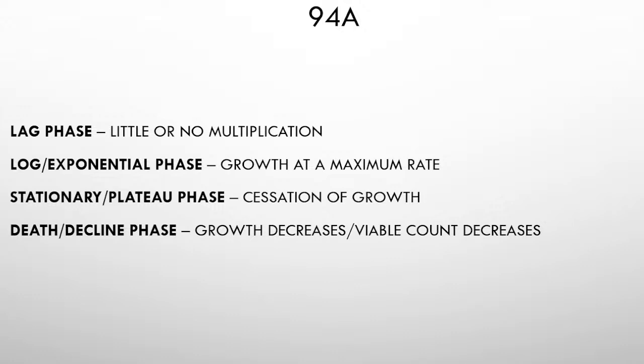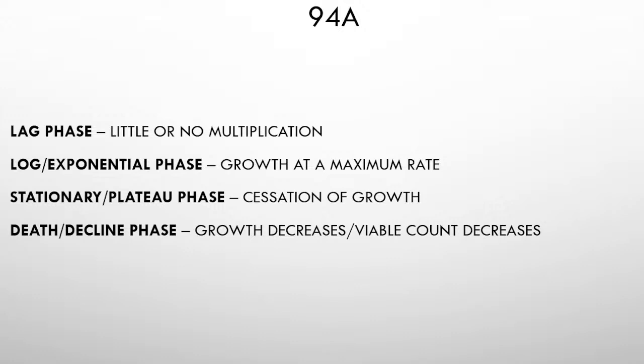The stationary phase is wherein the growth ceases because the colonial population is almost the same as the nutritional quantity of the agar, plate, or broth that you're growing the organism in, and therefore the organisms will stay in that particular phase, hence the term plateau.